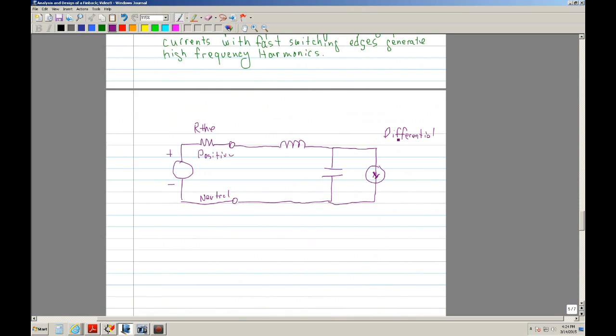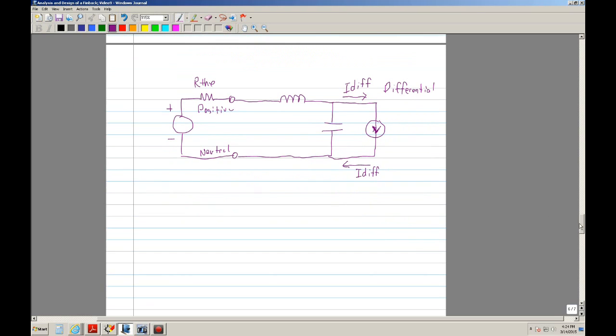So I'll draw this in this direction, which means the I diff flows in this direction. So basically, this is a very simple model.